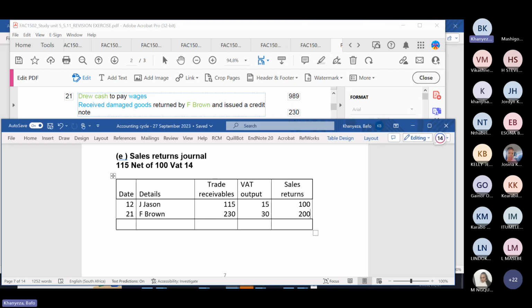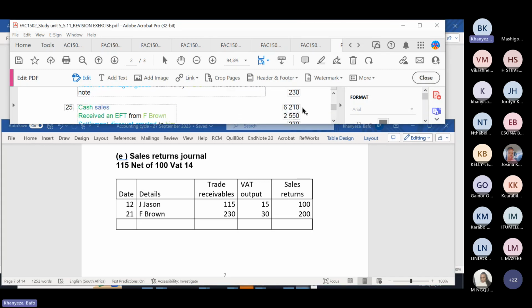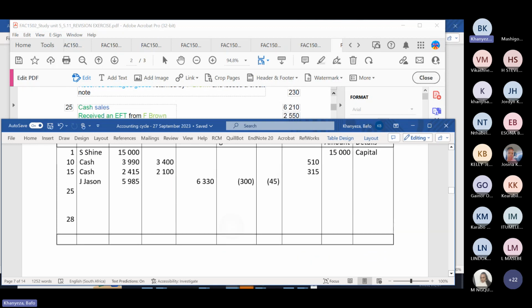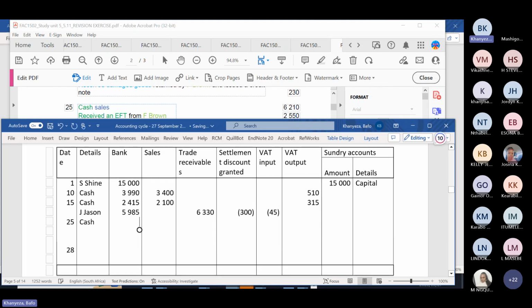On the 25th, cash sales, 6,210. Where do cash sales go? They go to the cash receipts journal because it means we received cash. So this is going to be for cash, 6210. The amount that affected the bank balance went into bank, 6210. We sold glasses. Then how much of that goes to VAT? I'm not going to split it again. So it's 810. It's output VAT.